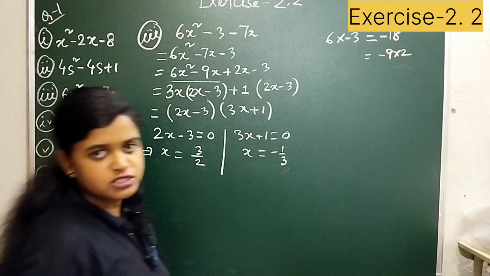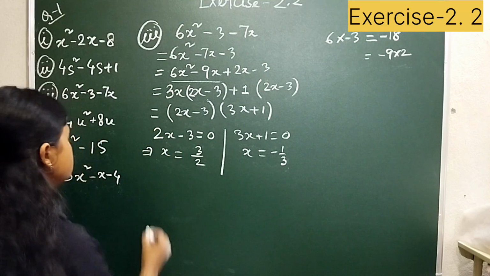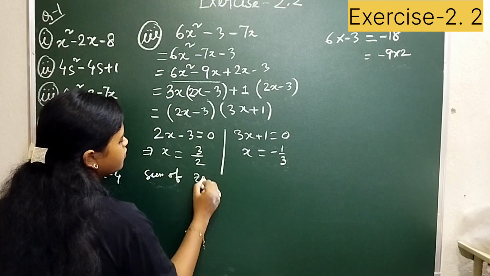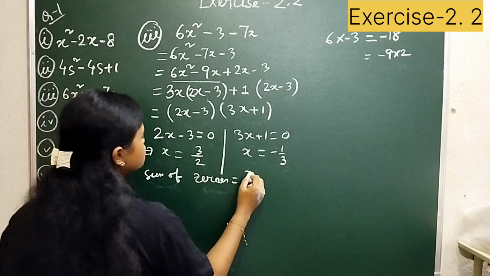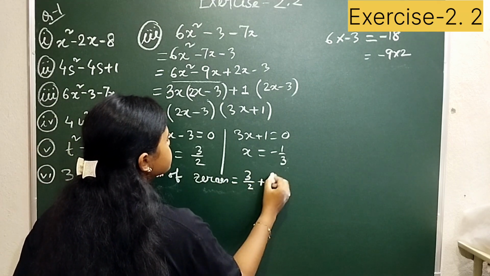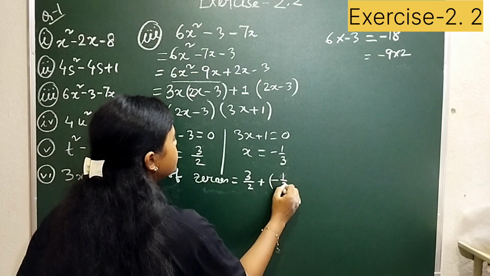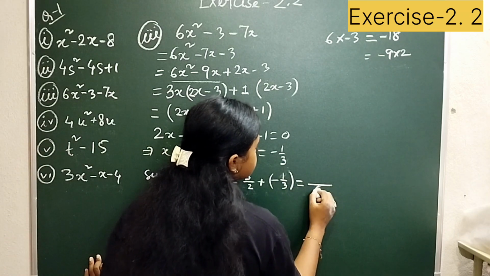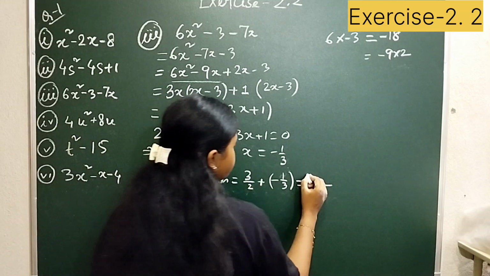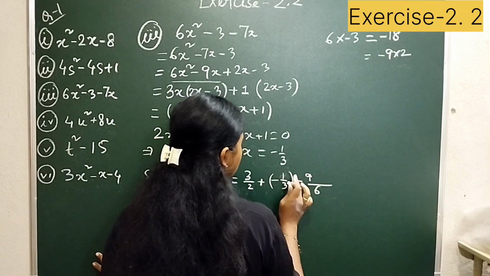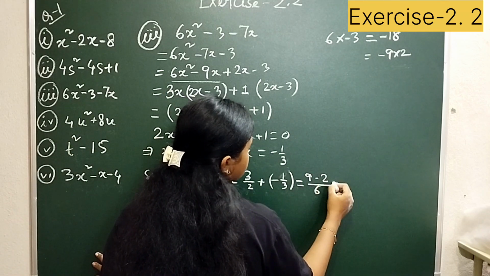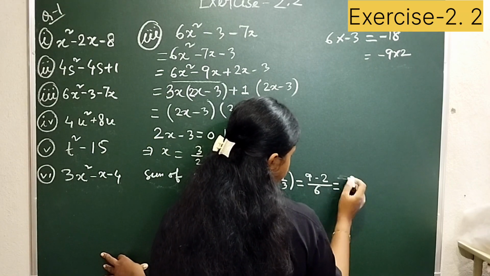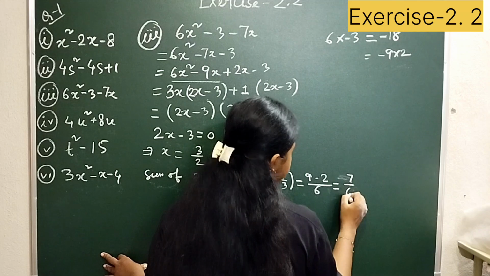Now we have to find the sum of the zeros and the product of the zeros. Sum of zeros is equal to 3 by 2 plus minus 1 by 3. The LCM of 2 and 3 is 6, and 3 threes are 9, and 2 ones are 2, that is minus 2. So we will get 9 minus 2, that is 7 by 6.